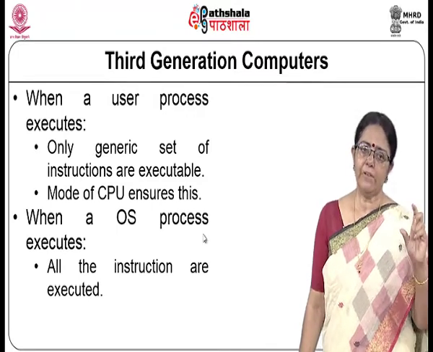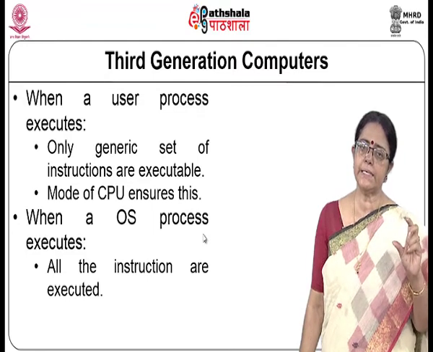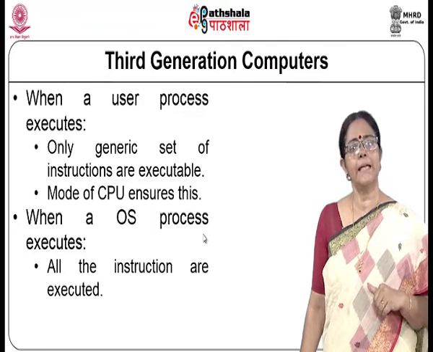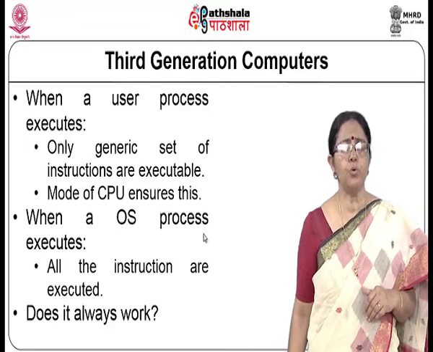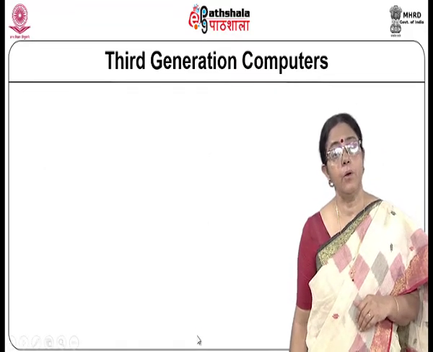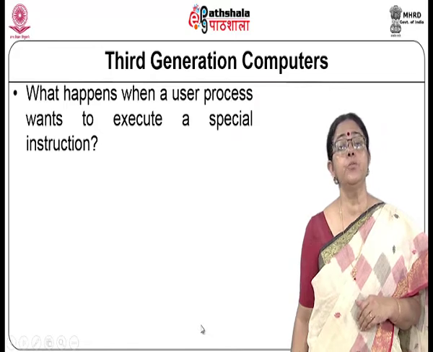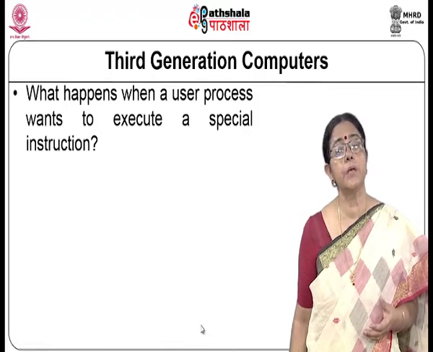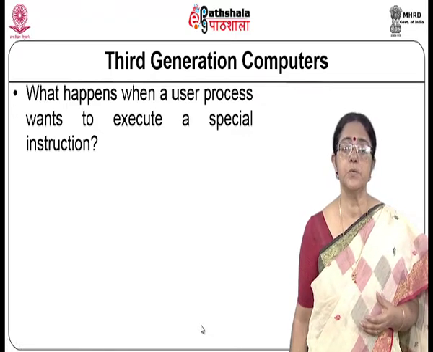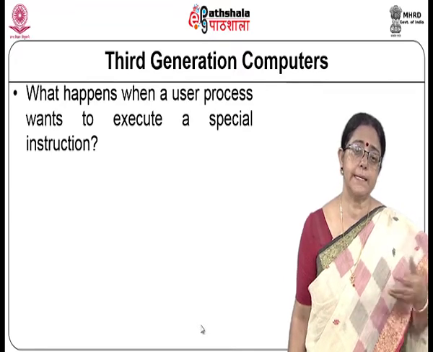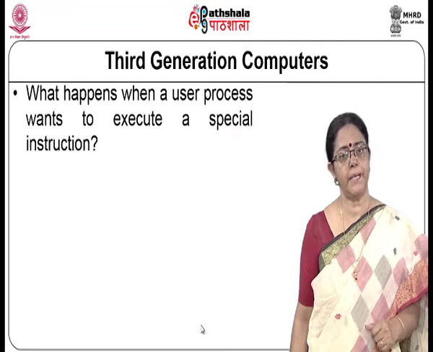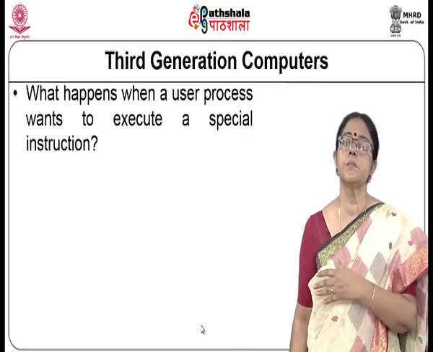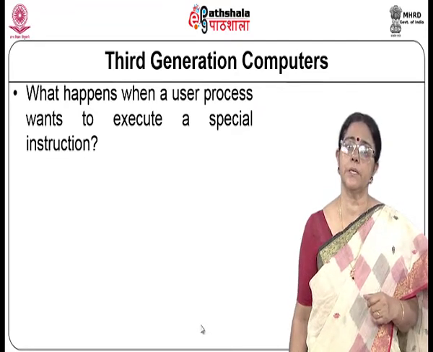So, whenever that kind of work is required, the OS has to take care of this. But will it always work? What happens if a user process wants to execute a special instruction? The user process wants to send data to the hard disk, print something on the monitor, or interact with the timer.